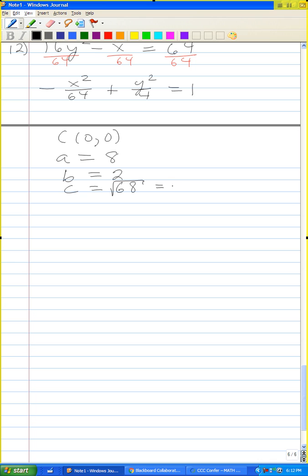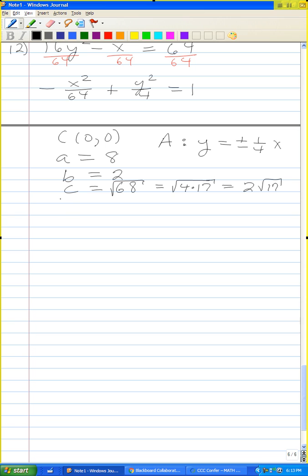Not that it really matters, 4 times 17 is 68, so C is really just 2 root 17. The equation for the asymptotes is y equals plus or minus b over a x, 2 over 8, so 1/4 x.